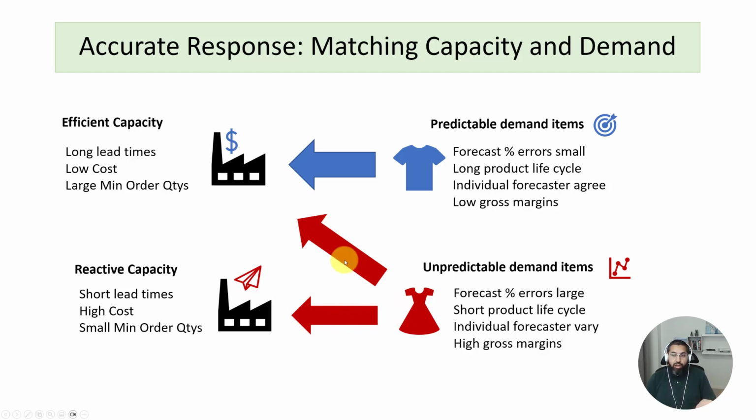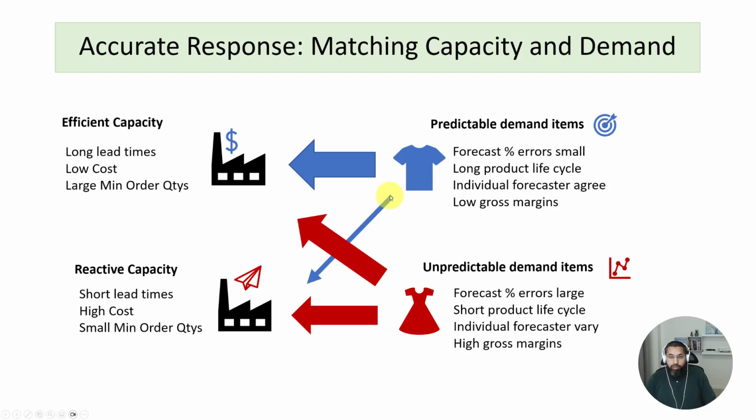Both orders are going to be roughly equal in terms of magnitude. You're going to use a lot of reactive capacity on these items because you can't predict them. Whereas for some of your efficient items, you may discover that a few of them are doing very well, better than you expected.